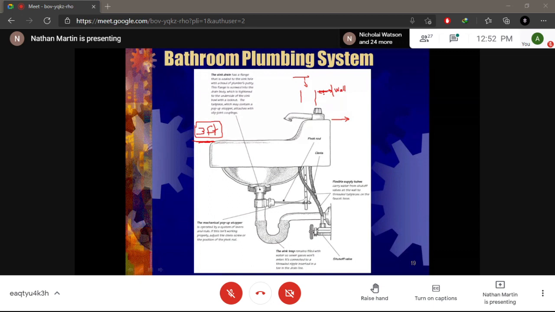All right, so this distance to the center is 12 inches, and this will depend on the pipe. The pipe to the center will not change, but the distance from the wall to the pipe will change depending on the size of the pipe.